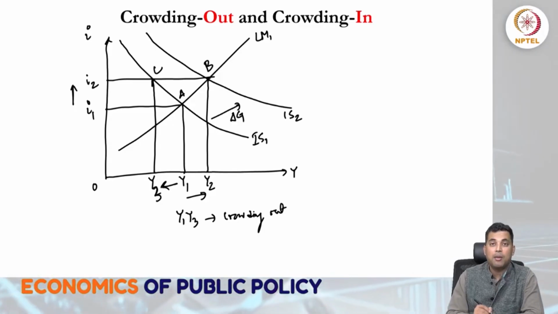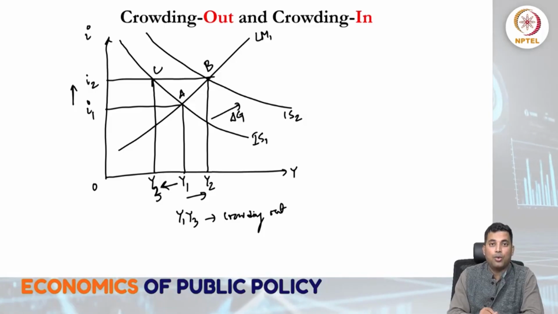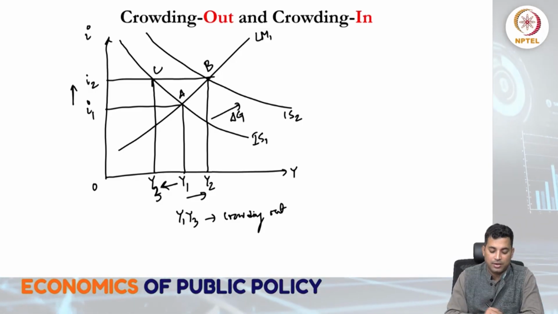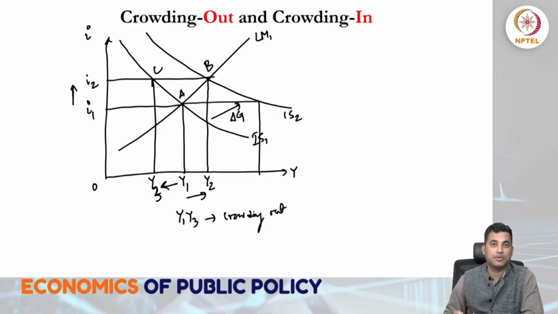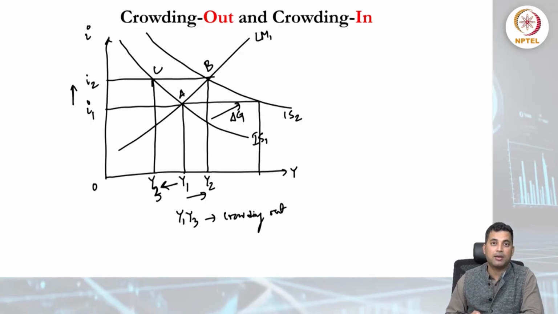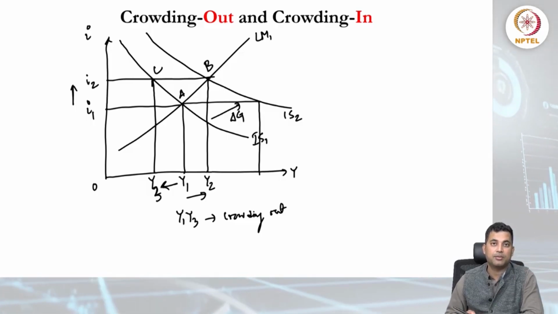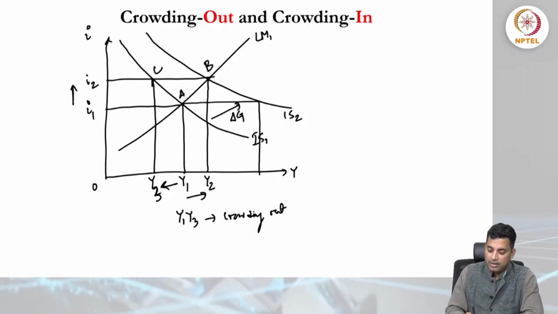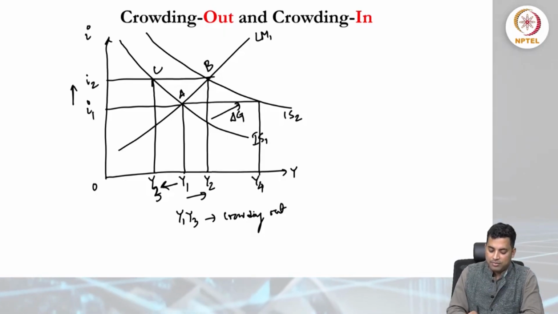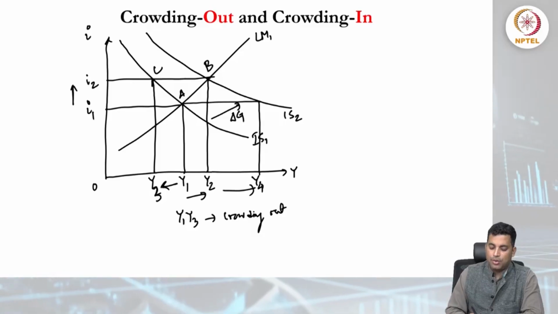But then just imagine OI1 amount of rate of interest, if the money market doesn't respond that way, and the money market keeps the rate of interest at a fixed rate like OI0, then output will be increased from Y2 to Y4.